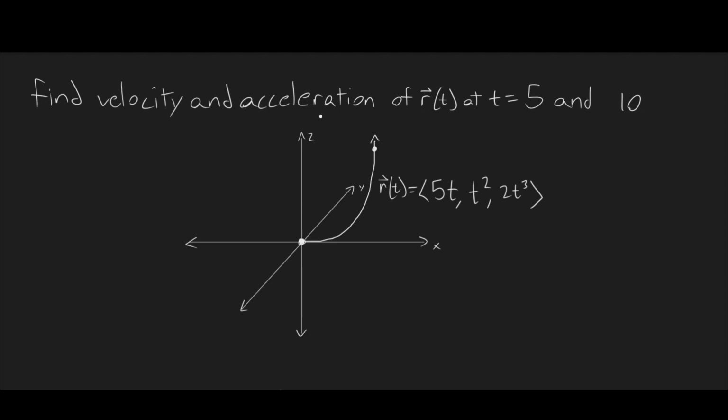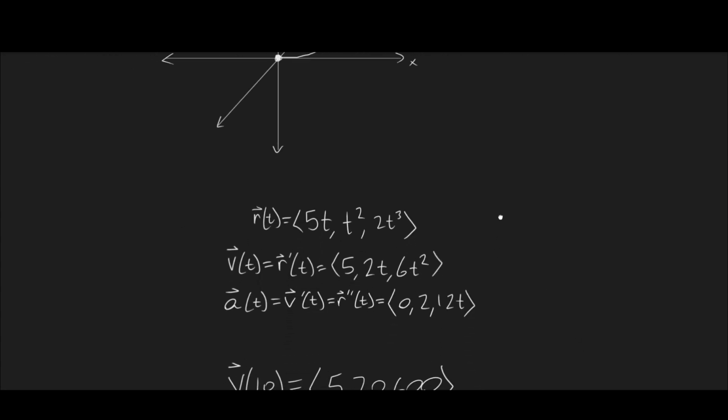And the definition for acceleration is how much the velocity is changing over time. So if you're speeding up or slowing down, then your acceleration is changing. So to get the acceleration, we're going to take the second derivative of r, or take the first derivative of the velocity.